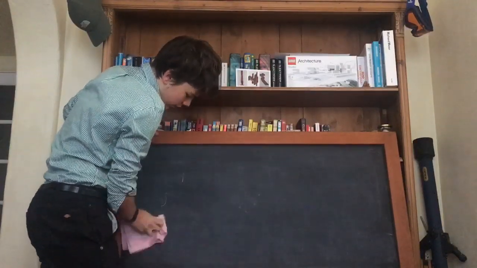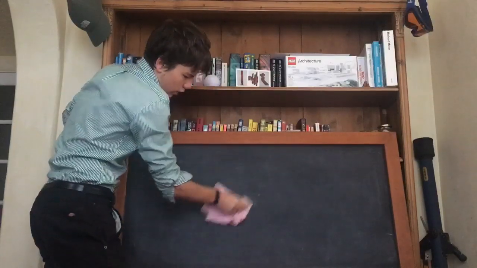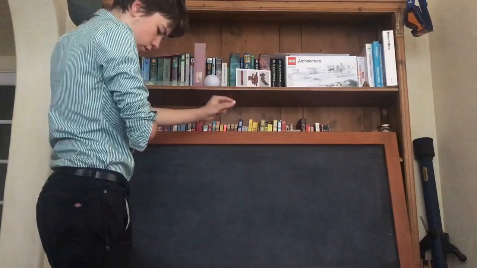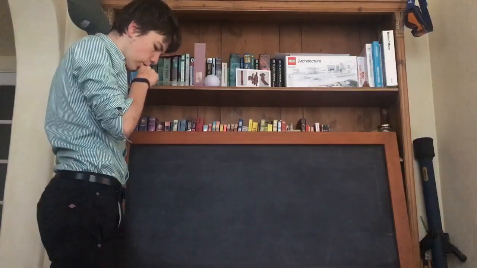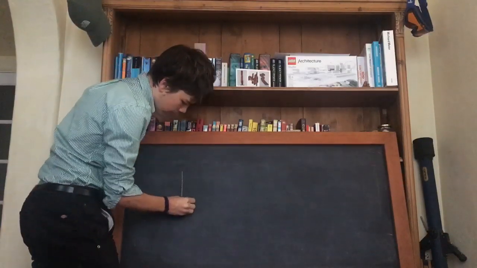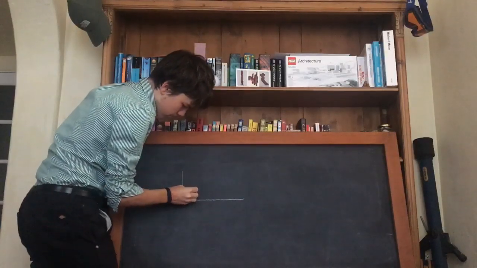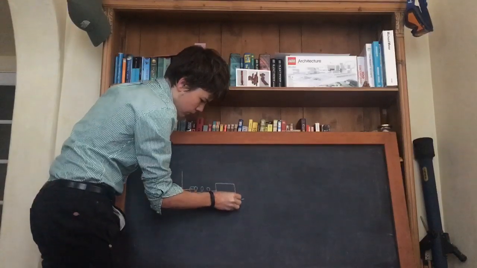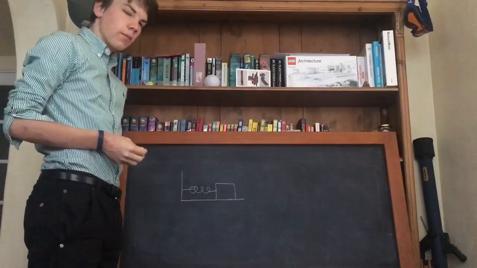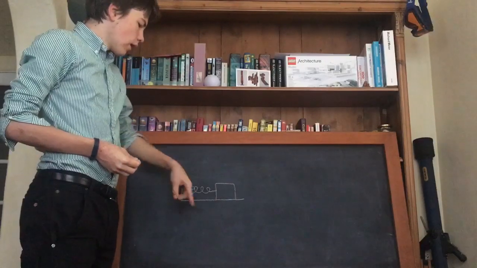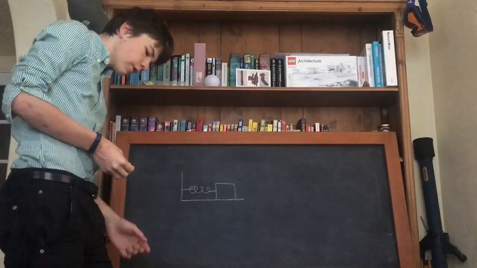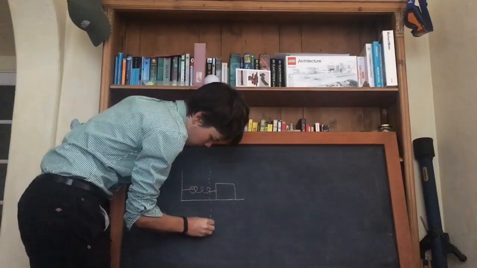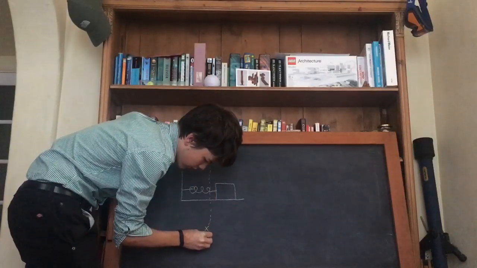So let's see a diagram for a common oscillating system. Let's go with the spring system on its side. So here we have an oscillating spring system on a frictionless surface, and this is the reference point.